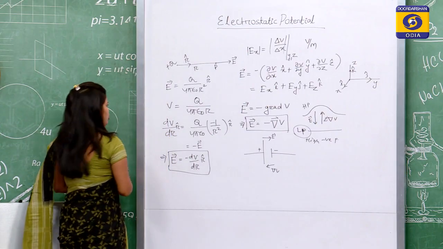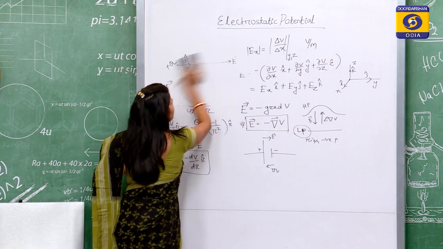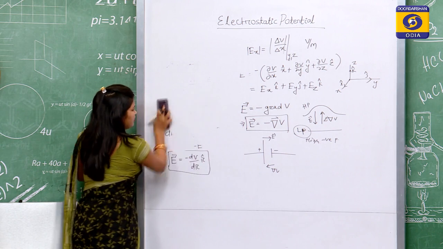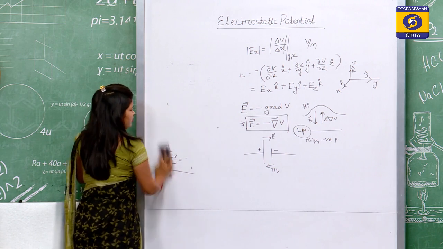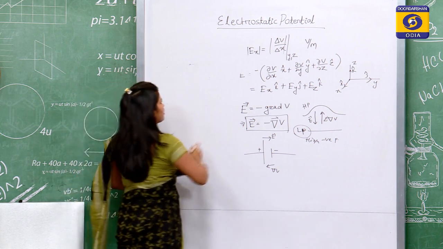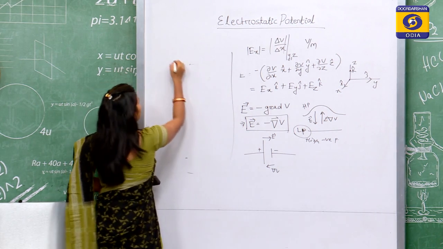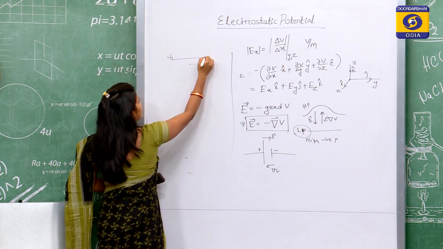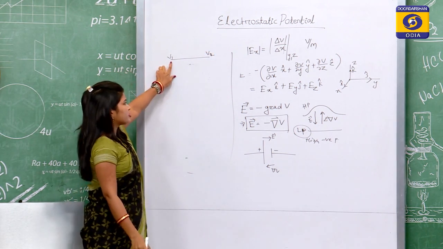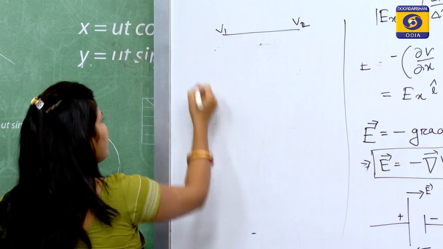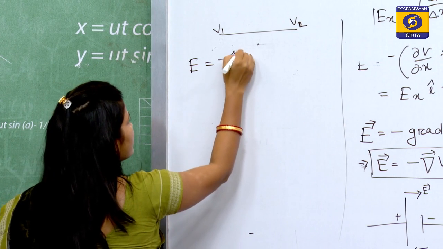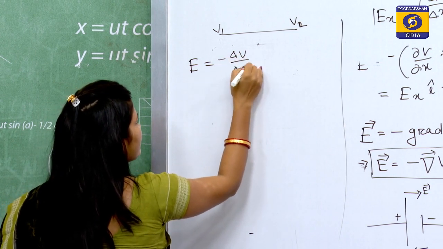In a uniform electric field, suppose at 2 points the potential is V1 and V2. In a uniform electric field, E is equal to minus del V by del r.